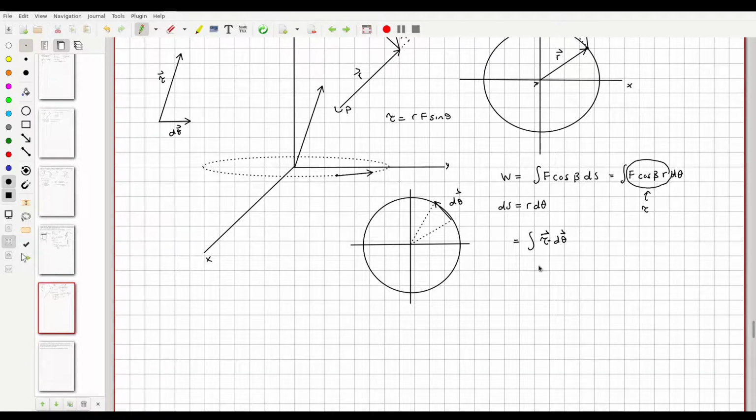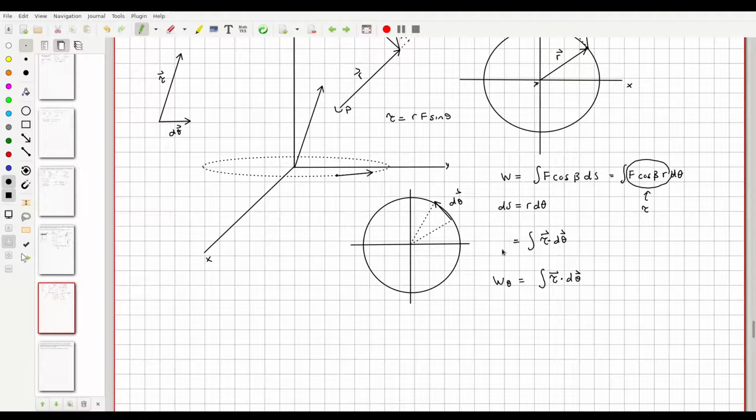And this right here is angular work. So we'll just denote it as W sub theta. It is the work integral that looks like this right here. All right. Or again, you can write it this way.